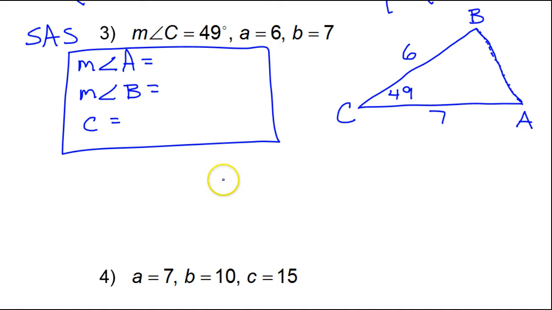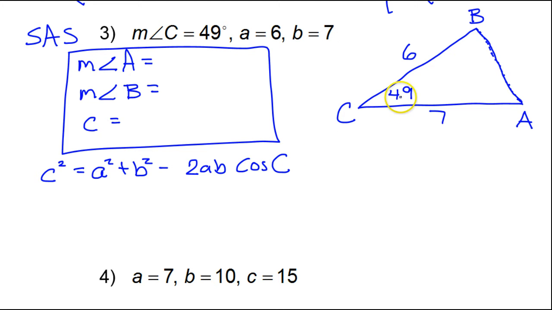Since we are given angle C, we need to start off using the version of the law of cosines that involves angle C. So we're going to start off with this version: c squared is equal to a squared plus b squared minus 2ab cosine of angle C. There's the angle C that we're given. Let's fill in all the information that we have.